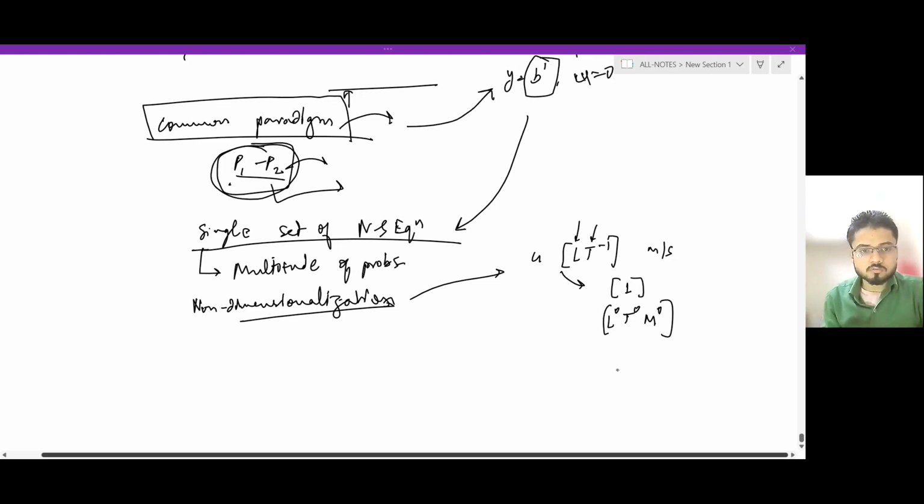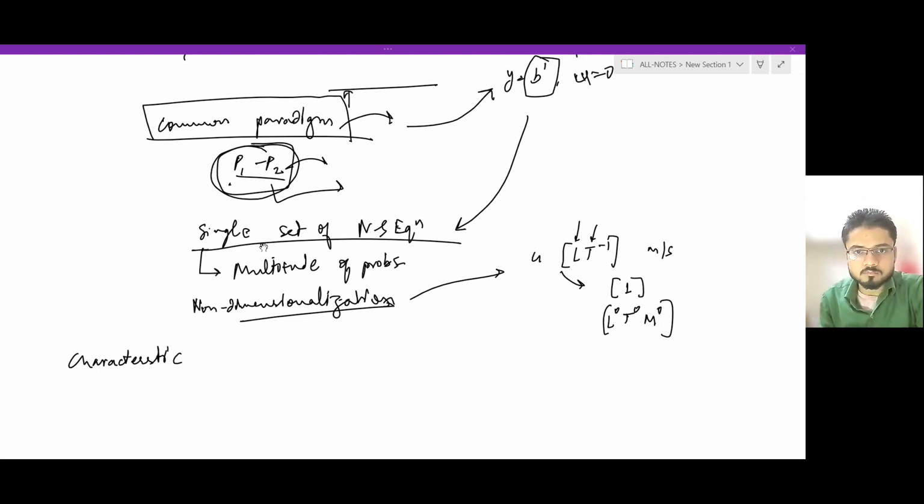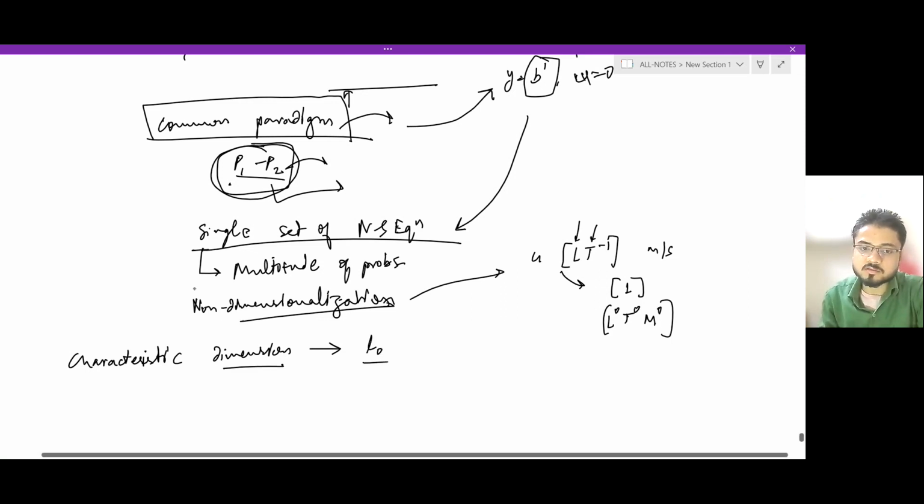So there is something called characteristic dimension. For example, in the case of length, you could have a certain L naught, that is the characteristic dimension for length.